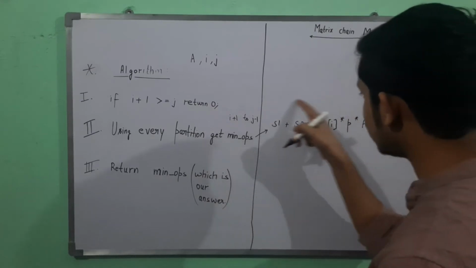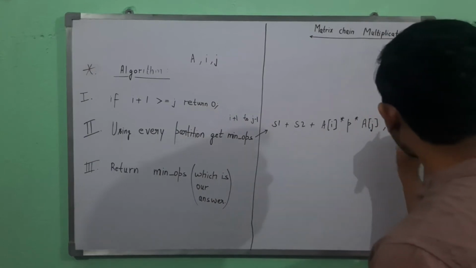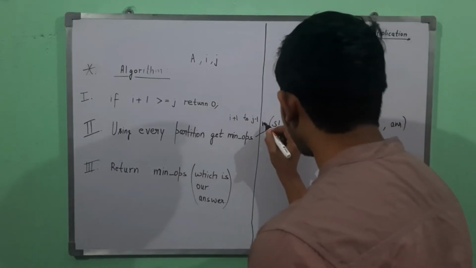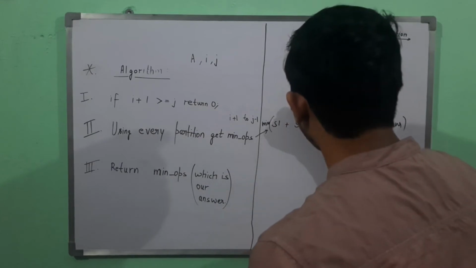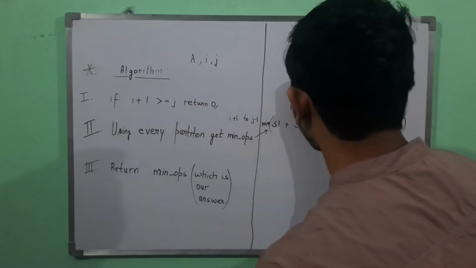So I'll calculate this for every partition and store this minimum into my answer, which is actually nothing but minimum ops.